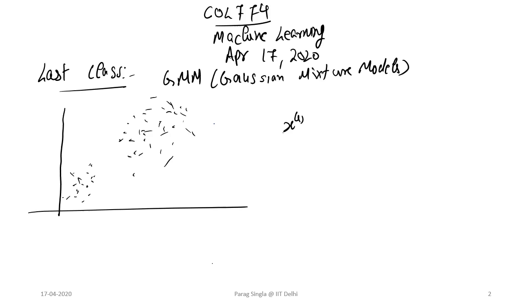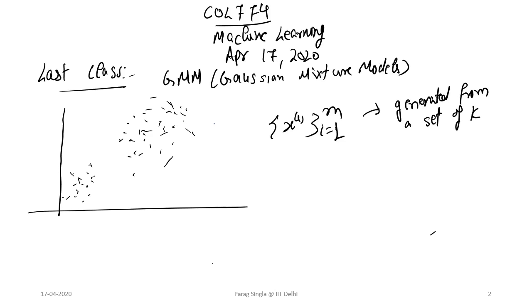and this is the setting xi, i equal to 1 to m, right? And this data is being generated from a set of, let's say, k clusters, right?